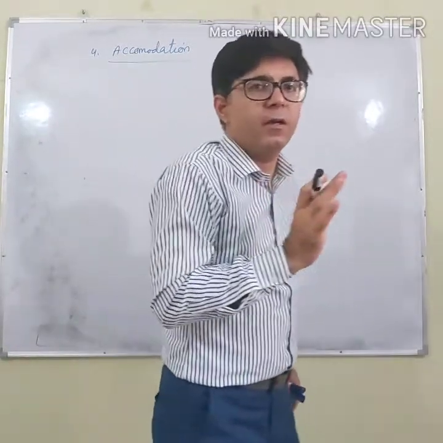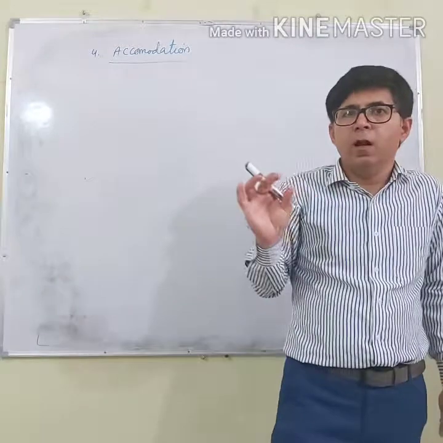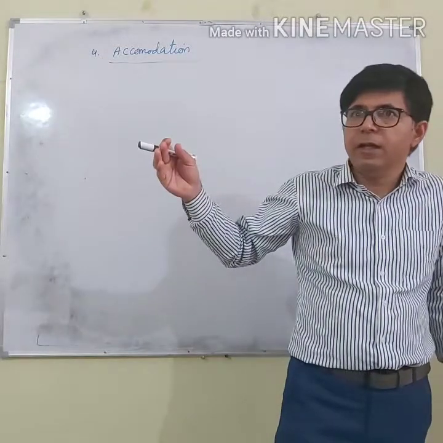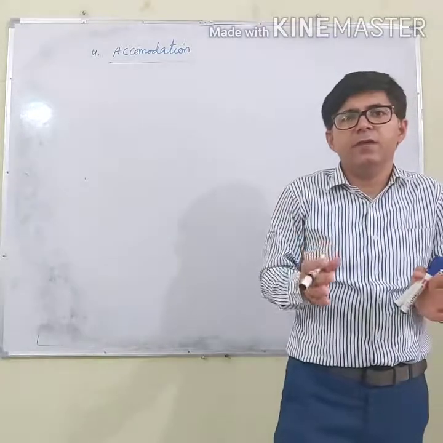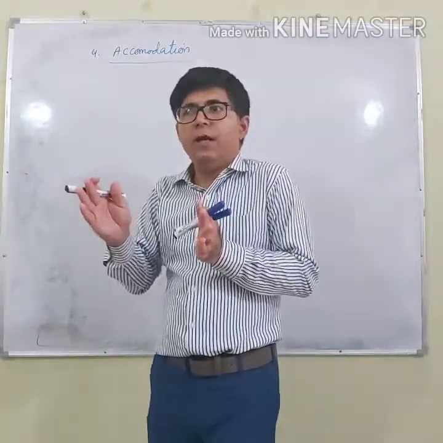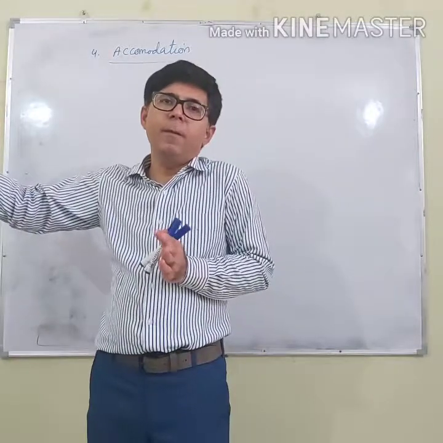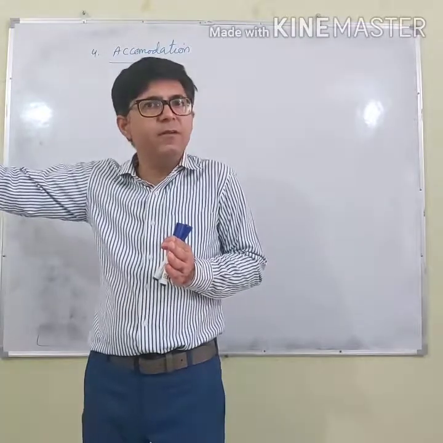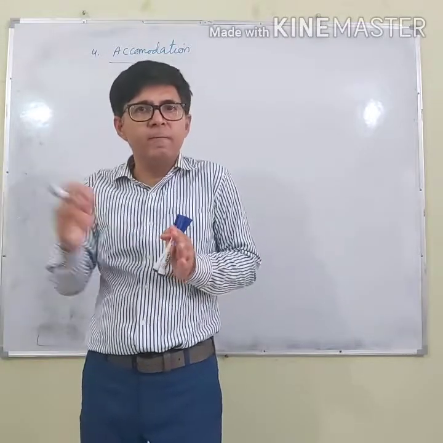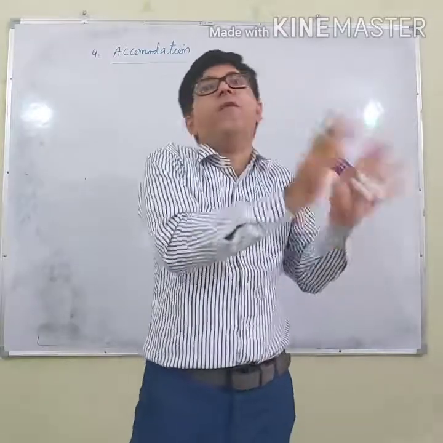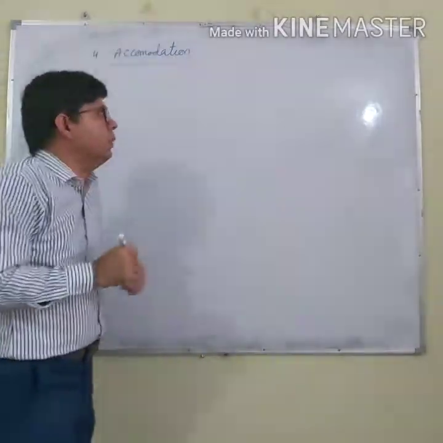If the object distance is different, the image distance will be different. If the object is at 100 centimeter or at 500 centimeter from the lens, the image will be formed at different positions.